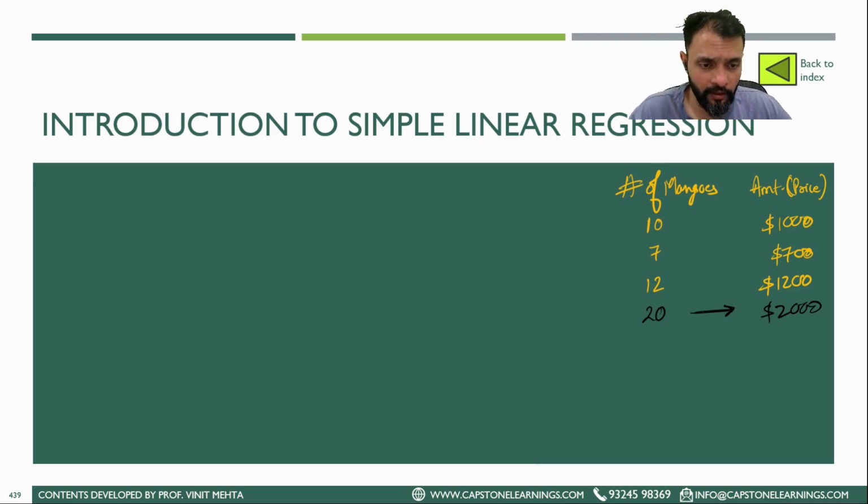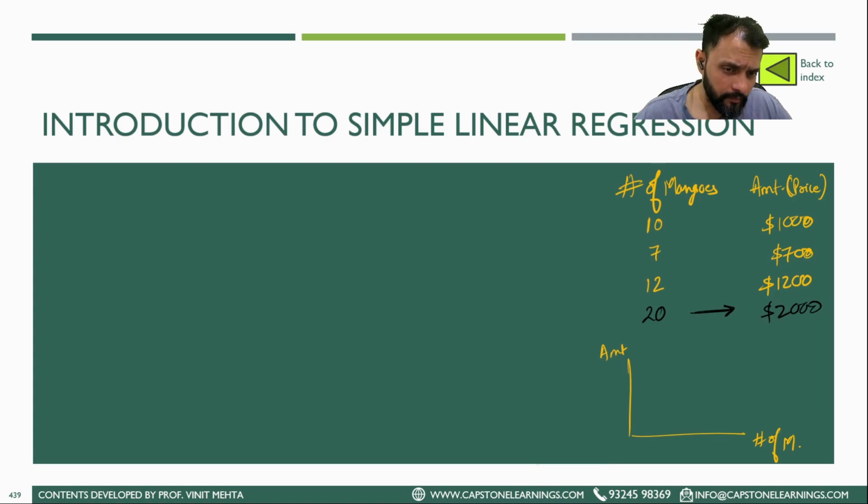So when you take the same data and put it on the graph, the horizontal axis is the number of mangoes and the vertical axis is the amount. Of course, when you're purchasing 0 mangoes, the value which you're going to pay is 0. But when you take 1 mango, it's going to be worth 100. When you take 2 mangoes, it is going to be worth 200.